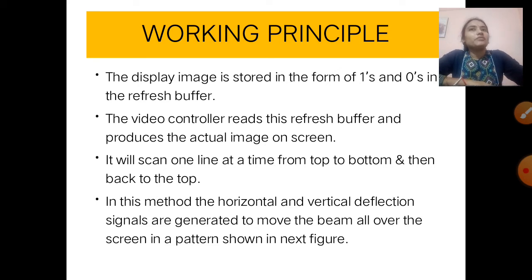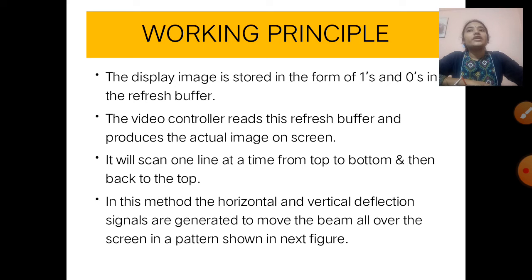So the display image is stored as 1s and 0s in the refresh buffer. The video controller reads this refresh buffer and produces the actual image on the screen. The role of the video controller is to read the stored image from the buffer and produce the actual image on the monitor.